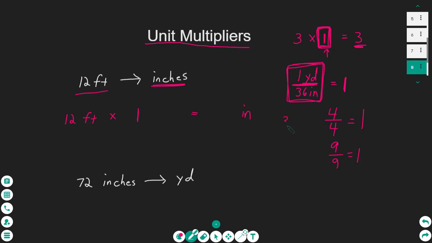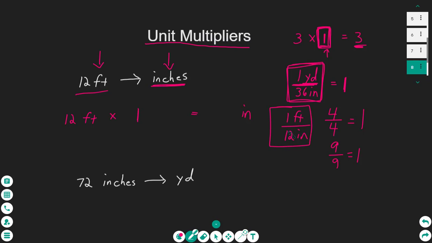Well, how about 3 feet? Well, excuse me. Sorry. How about 1 foot over 12 inches? Now I've got feet and inches, which are the units that we're working with, and it's in the form of a unit multiplier. 1 foot is exactly the same as 12 inches.